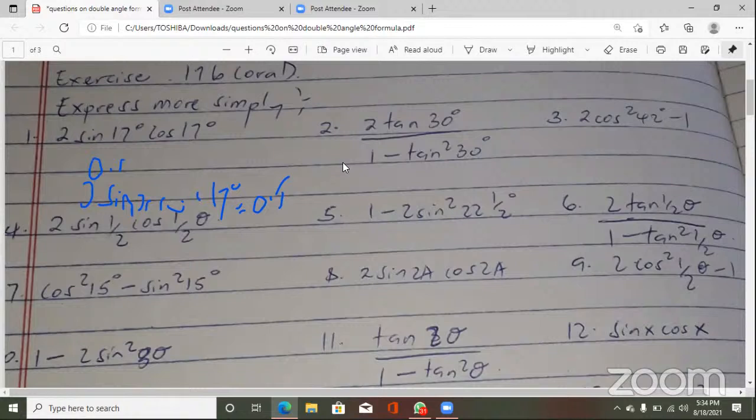Then if we go to the third one, number 3. It is 2 cos squared 42 minus 1. What is it as a single function? It would be 2 cos squared 42.